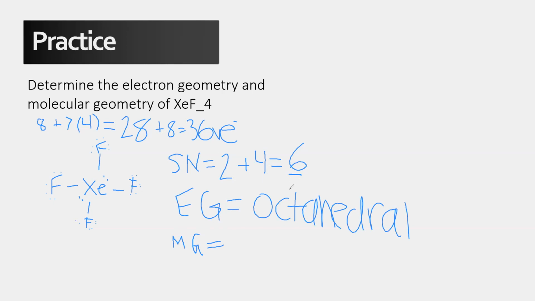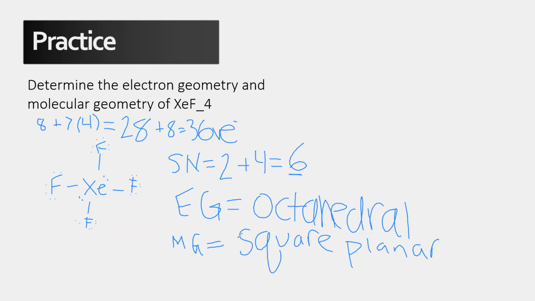So you go and look on the chart and you look for the one with 4 atoms and 2 not lone electron pairs, just 2 electron pairs. So when you look at the chart, you see that it comes up with a square planar molecular geometry.